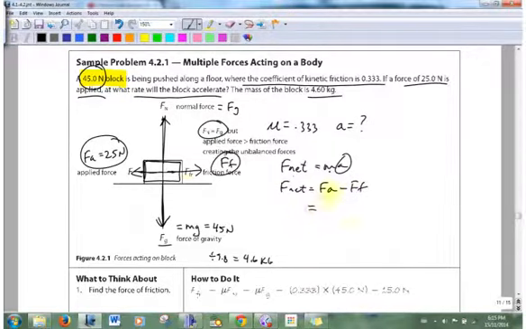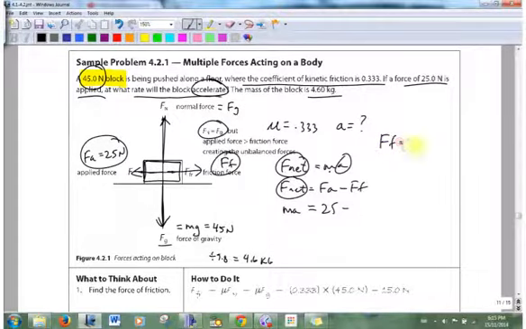It's the difference between the applied force and the friction force. I know the applied force is 25 newtons. I'm trying to find the acceleration. So F net is ma. Let's substitute that in here. That's what I'm trying to find. I need to know the force of friction then. I have to have only one variable in a formula. I can't have two. I won't be able to solve it.